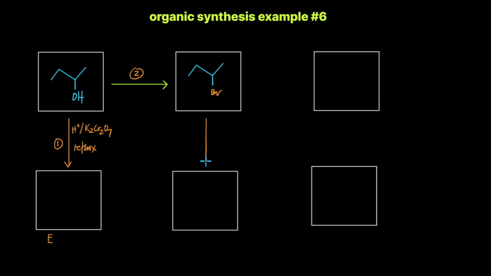And then reaction number 3 is, I'm going to take the same compound. Oh, come on. And now I'm going to remove the bromine and add a double bond. So I'll duplicate that. Okay. And I'll do this.